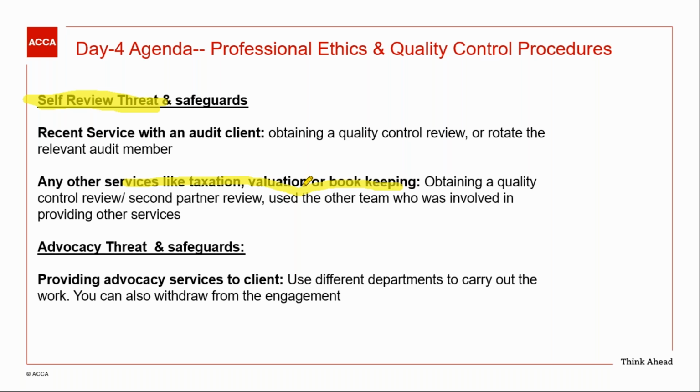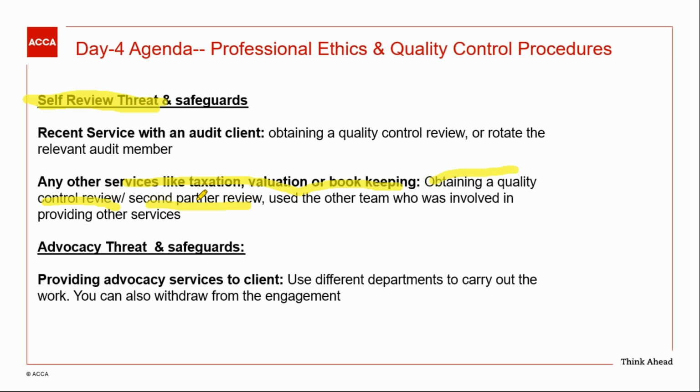So how can we reduce this threat? Obtain a quality control review, or an independent second partner review, by any second partner in the audit firm.